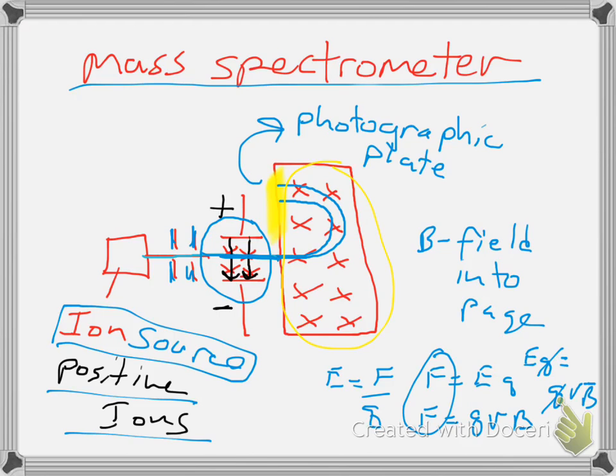Because they're both going the same velocity, they're the same ions, so that means they're the same atom, but they had different masses. So let's, up here in this corner, look at something. What kind of motion is this right here? That's circular motion. So now, remember the electric field is not there, so we have F equal QVB again, but that F is causing circular motion.